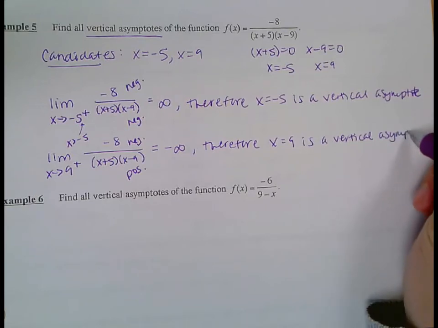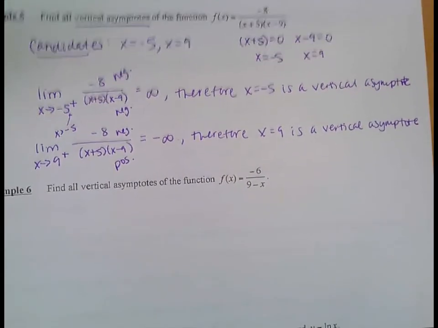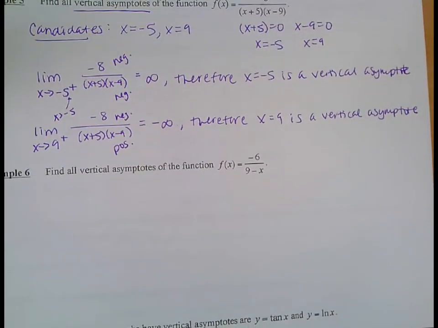So when wouldn't it be, is the question. Remember, there are cases where I might substitute in a number and the denominator is 0, but the numerator is also 0. So if you get 0 over 0 and then you can simplify it and you get an actual value for your limit, it would be a hole in the graph and not an asymptote.